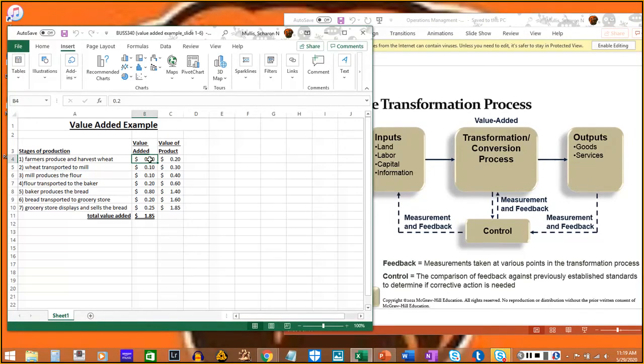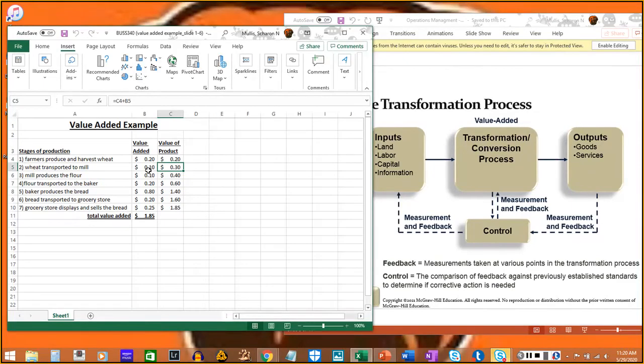So it's costing 20 cents to produce or harvest the wheat. Step two will cost you 10 cents. That will add on to the 20 cents initially to make the value of the product 30 cents. So as far as wheat being transported, what are some of the inputs for the wheat transportation, Nate?